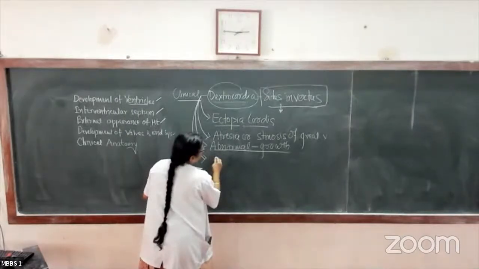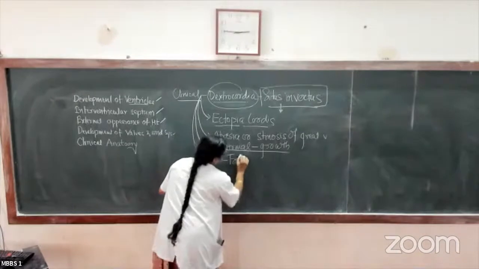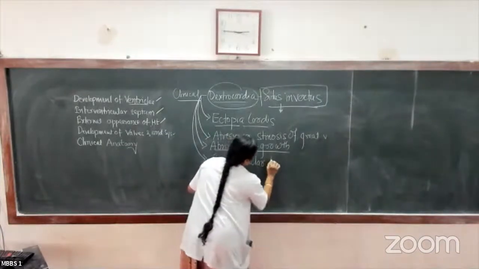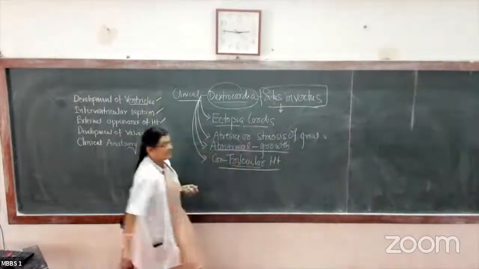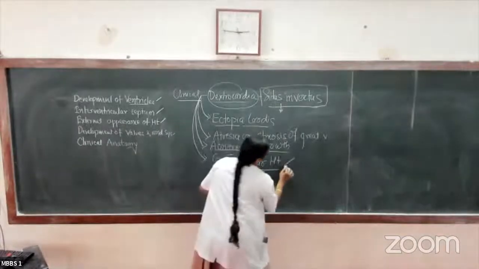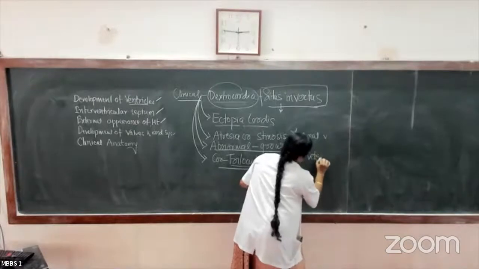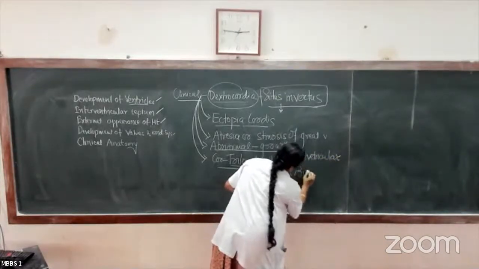Now along with this, there is one more condition known as trilocular heart. Trilocular means 3 chambers will be there. This is divided into 2 types. It may be biventricular or it may be biatrial.